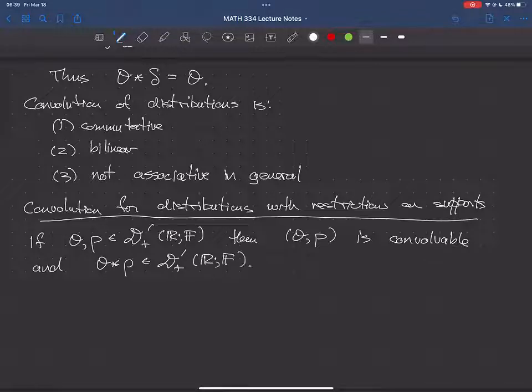You can't give the same kind of explicit formulas in terms of integrals that we gave for convolution of signals, but you get similar results, of similar flavor.